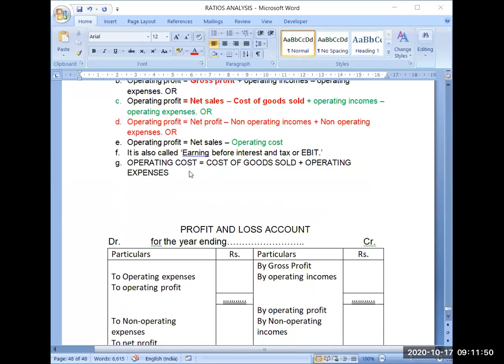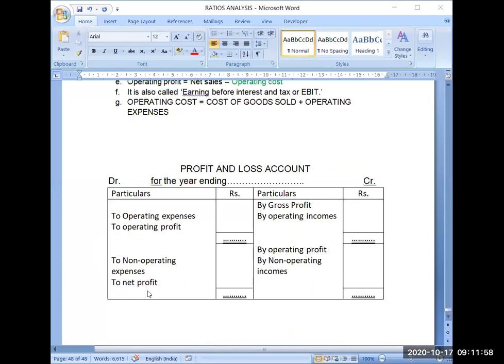Then the third formula can be from the net profit side. If I want to reach this operating profit, obviously in reaching this net profit, these non-operating incomes are added. So subtract these non-operating incomes, and these non-operating expenses have been deducted, so add them back.